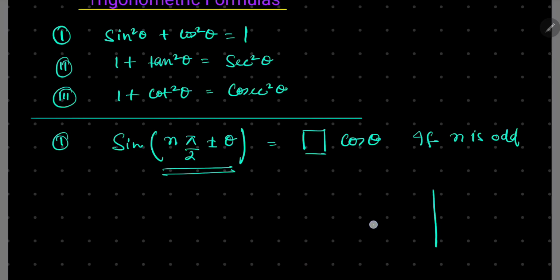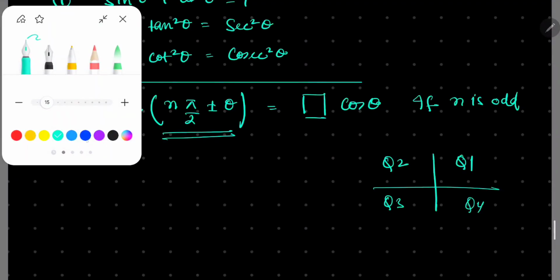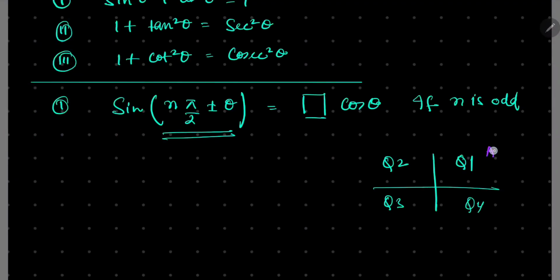There are 4 quadrants, this is quadrant 1, quadrant 2, quadrant 3, quadrant 4, and we say that in quadrant 1 all the trigonometric ratios are positive. In the second, only sine and cosec, in the third, tan and cot, and in the fourth, cos and sec. So if this angle is lying in quadrant 1, since sine in quadrant 1 is positive, it will be positive.